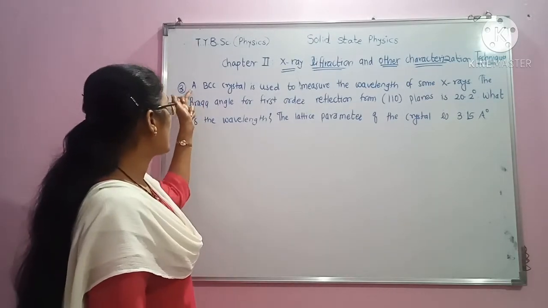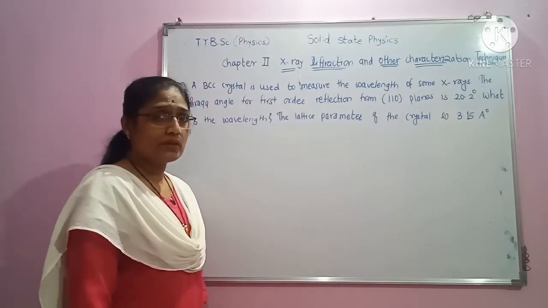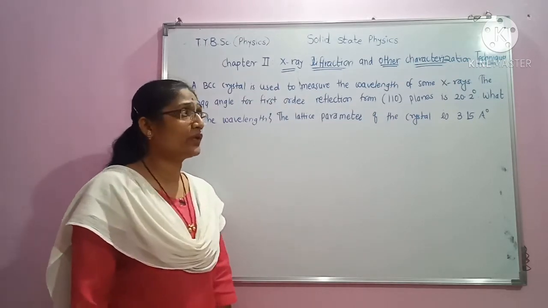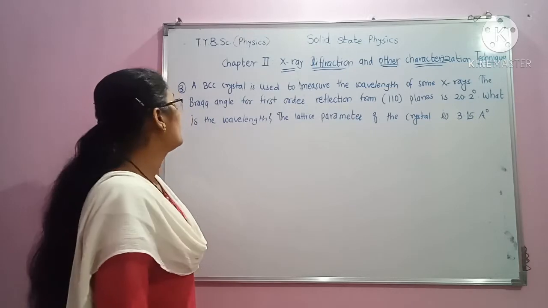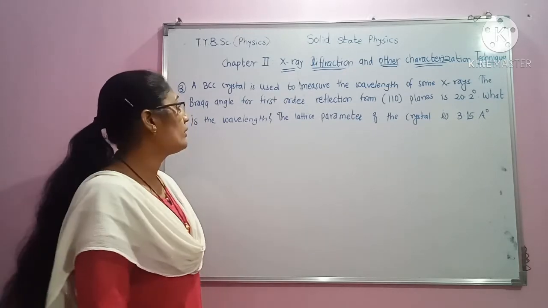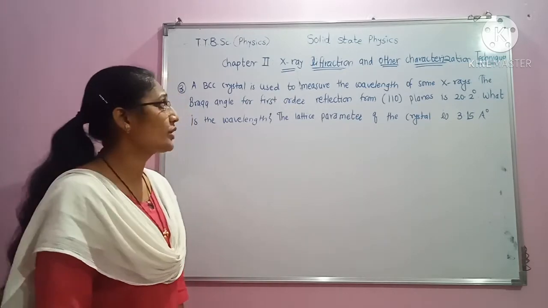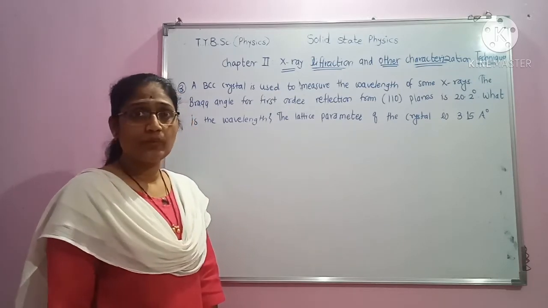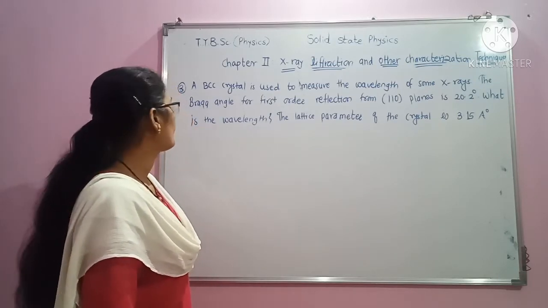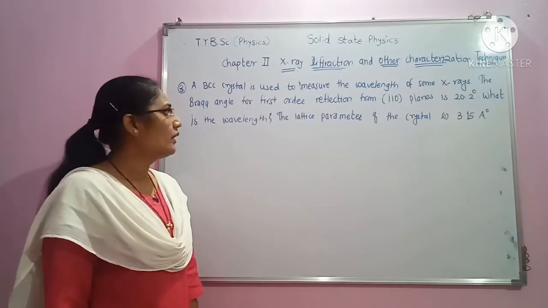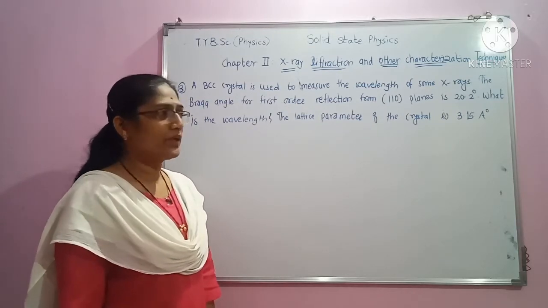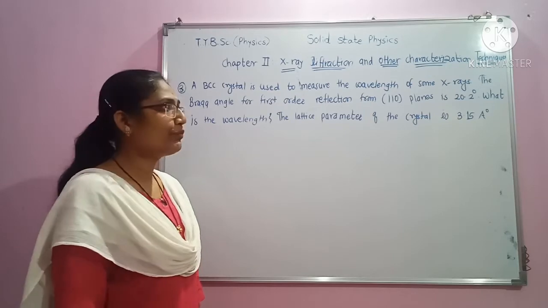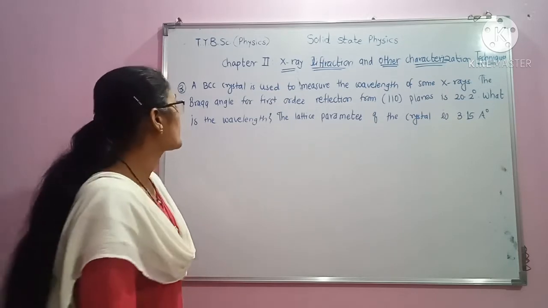The example is given as: a BCC crystal is used to measure the wavelength of some X-rays. The Bragg angle for its first order reflection from 110 planes is 20.2 degrees. What is the wavelength? The lattice parameter of the crystal is 3.15 angstrom.